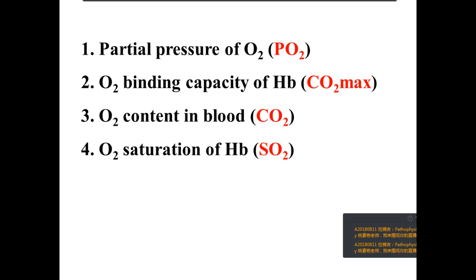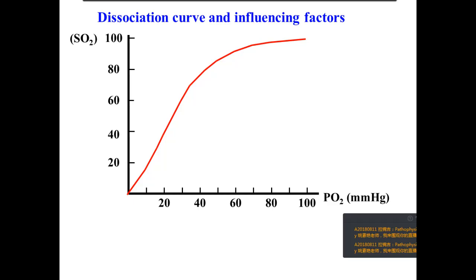The other parameter is the arteriovenous difference of oxygen content. The normal value is 5.